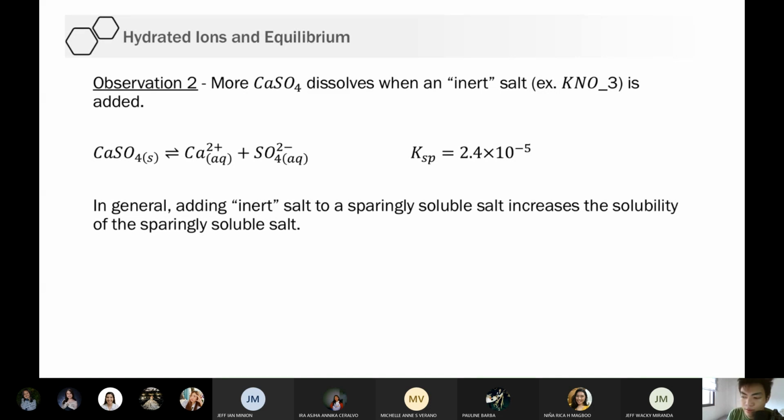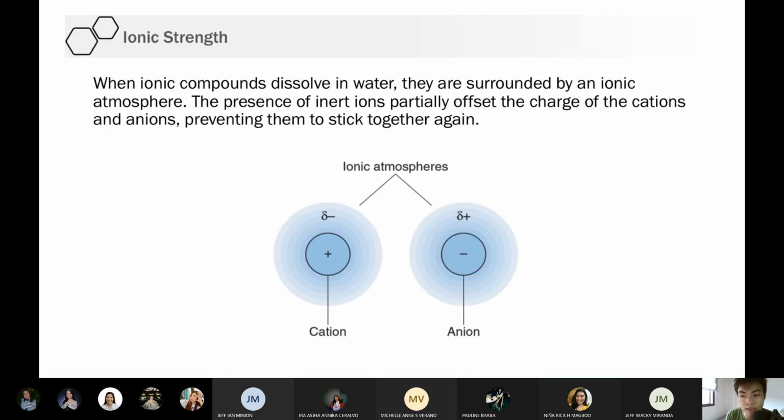Upon certain investigations about the characteristics of the ions in our solution, they came up with this idea, the ionic strength. According to them, this is the plausible answer for why inert ions affect the equilibrium systems. Recall that our ions, when they are dissolved in water, have a hydration sphere.